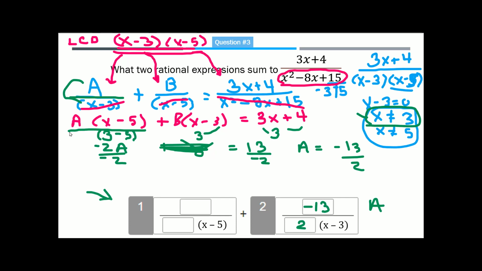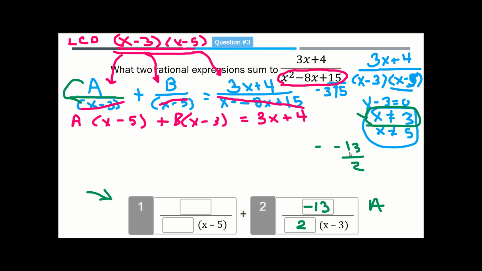And then we'll try to do the same thing with that second number. So we're going to plug in 5 everywhere there's an x and do this again.